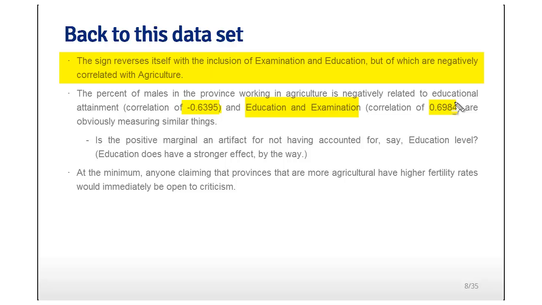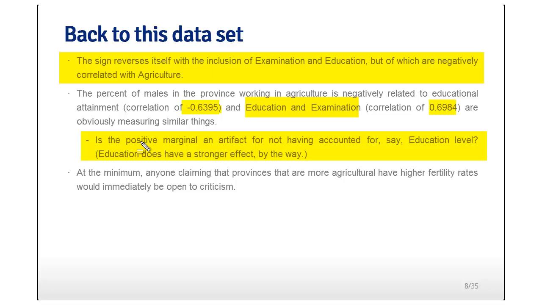Which one, with those guys in or with those guys out, is the right model? Okay. One could conjecture in this case whether this positive marginal effect is an artifact of not having accounted for, say, education level.